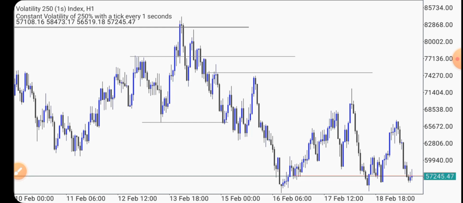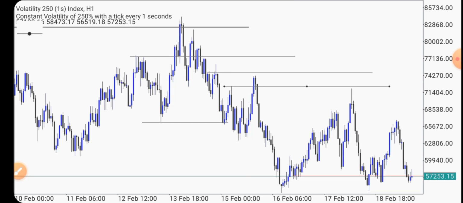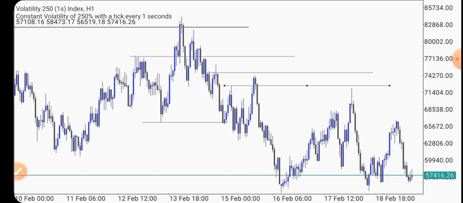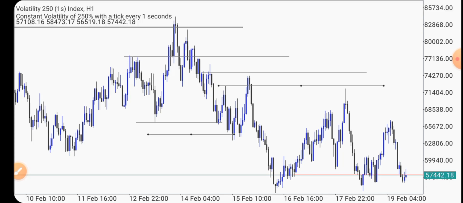Price created some liquidity inside the zone, like that. And then price continued to the downside to break the structure around here, breaking the structure to the downside.